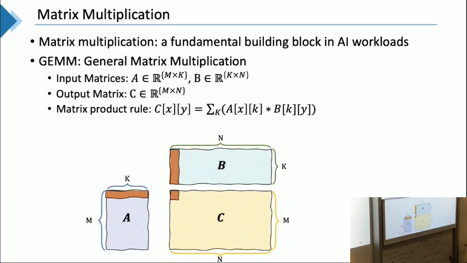Before we start the coding, let's look at how matrix multiplication can be formulated. Let's assume we have two input matrices, A and B, and an output matrix, C. When we do this matrix multiplication, we get one row from matrix A, multiply it with one column of matrix B, and do this dot product to get one output point.